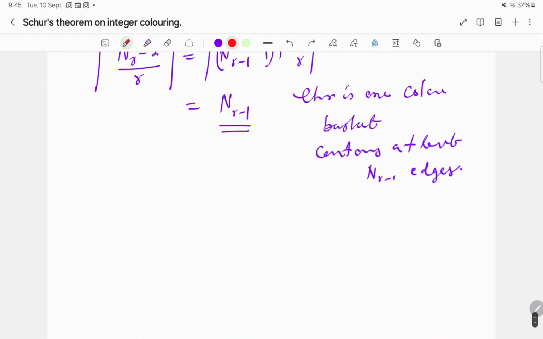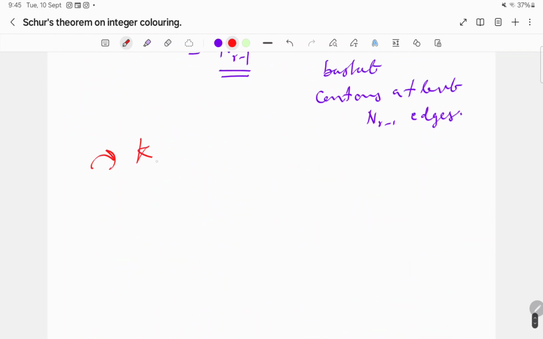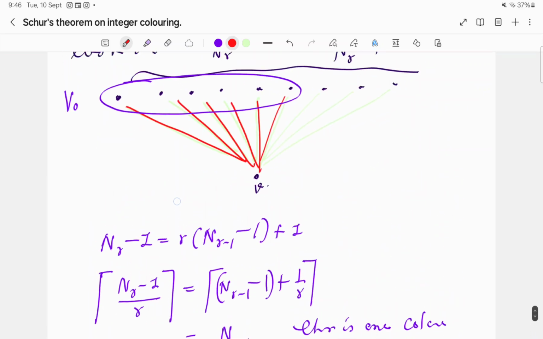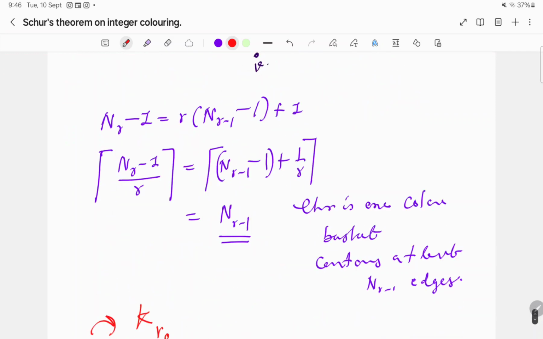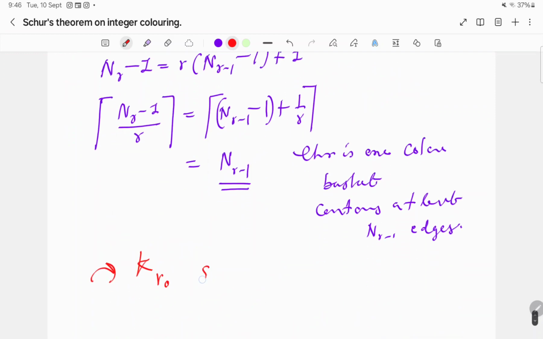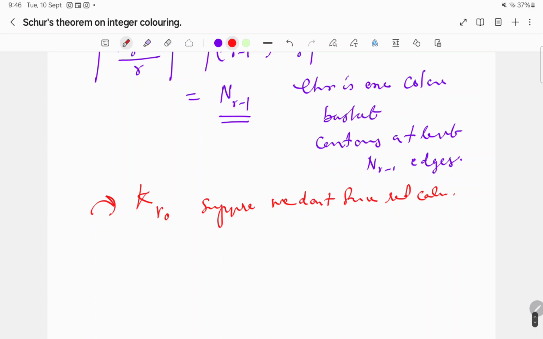It is very true that this is a part of a complete graph. So V0 actually forms a subgraph K_{V0}, an induced graph, because all edges are present, and if there is one edge which is red, then definitely we have a monochromatic triangle. Suppose we don't have a red color, then every edge in that particular V0 is colored by at most R minus 1 colors.